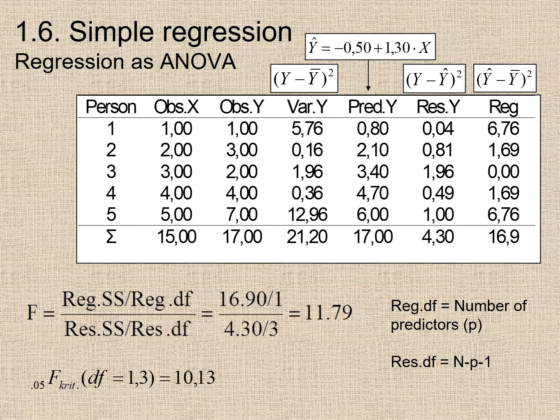We can calculate the F ratio. So we take regression sum of squares divided by regression degrees of freedom. And regression degrees of freedom is the same as number of predictors. So in this case, 1. If we take sum of squares divided by degrees of freedom, what do we get?